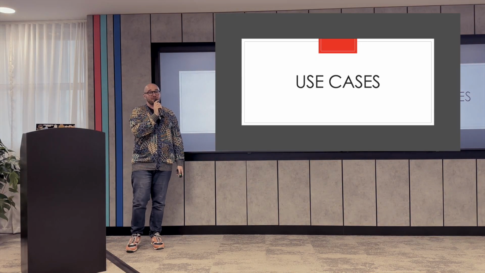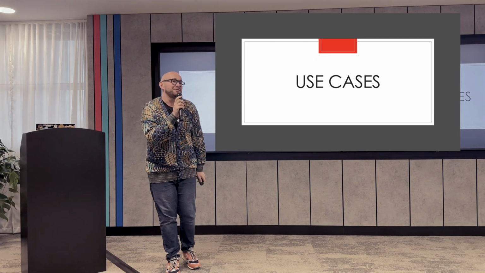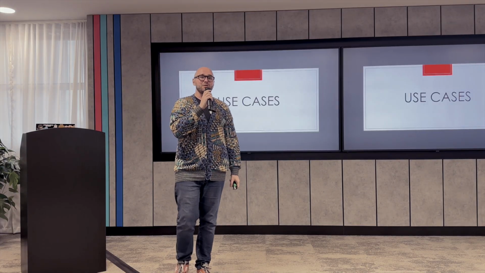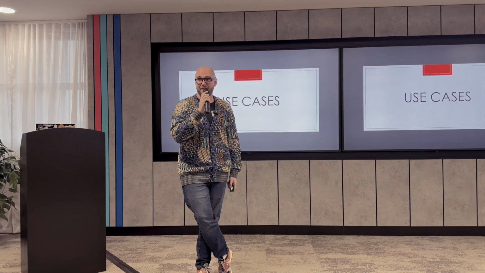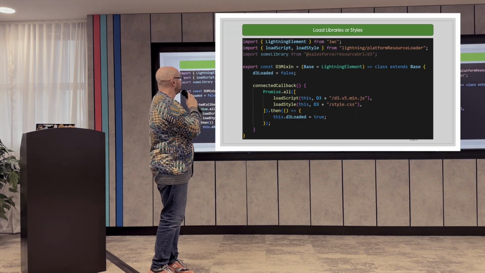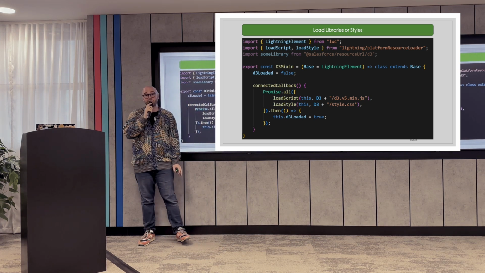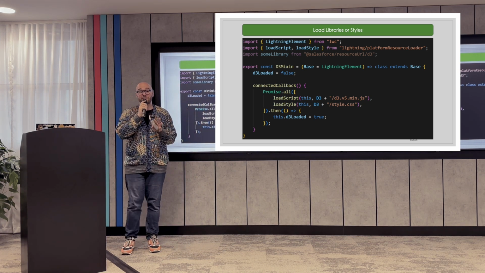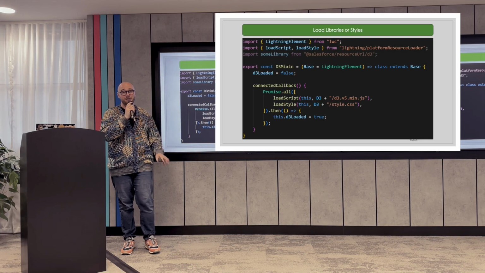Which takes us to use cases, because this is all good and fun if you are into the theory of it. But let's be honest, even to me, it looks a little bit messy compared to just using extensions. So why would we want to use this stuff? This is a very common one, and I'm not saying that you want to use it for everything. Mixins are very much a feature that you decide to use very sparingly.